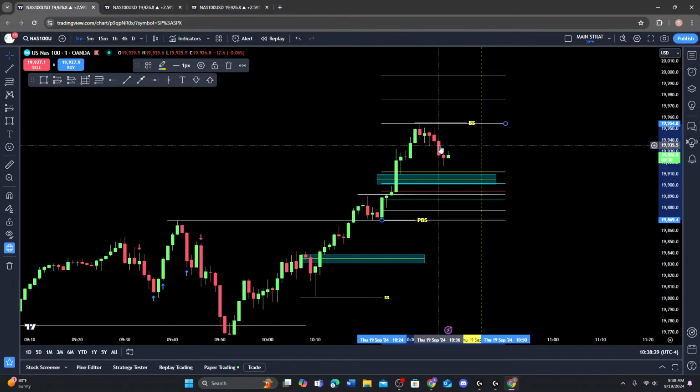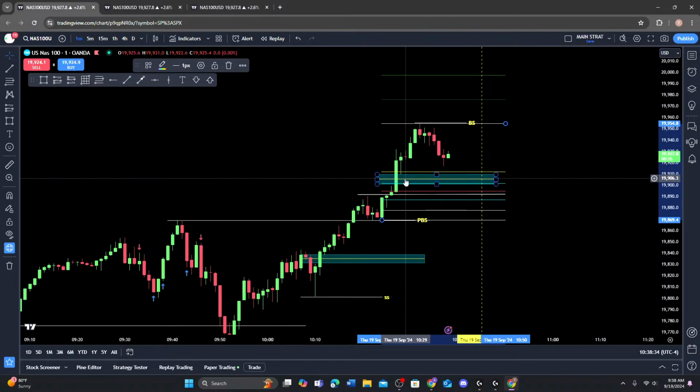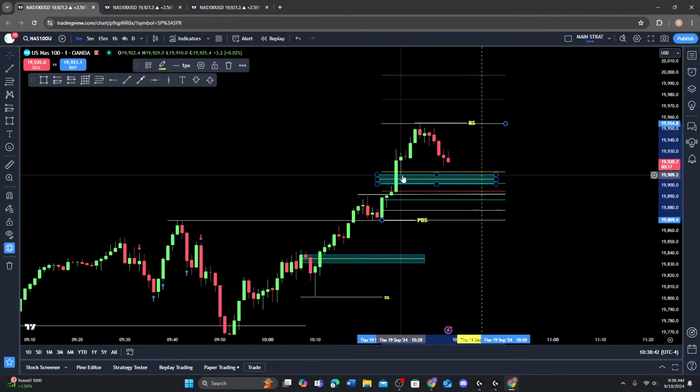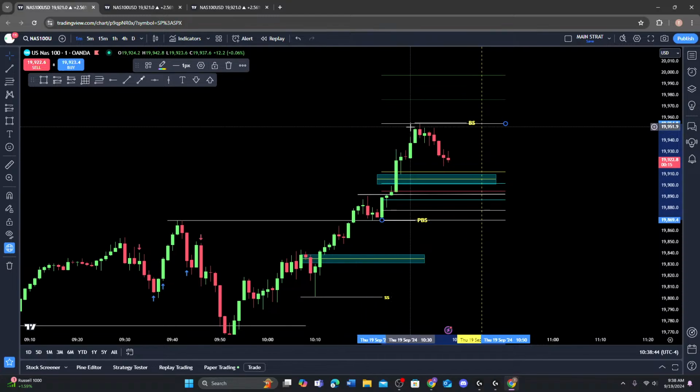I wouldn't mind for it to reach even higher at this point. And we have this fair value gap that formed below the 50% retracement of this gap here.